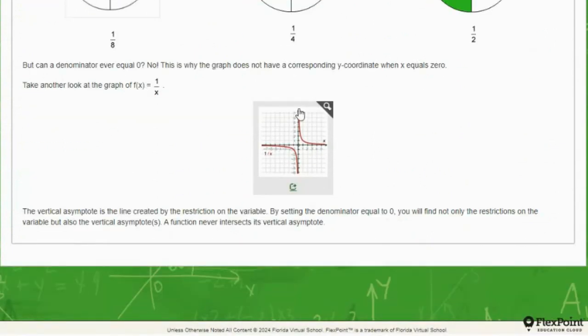It'll never touch either of those asymptotes because it will never equal 0. 1 divided by 0 doesn't exist. So there are restrictions on that x. X can't be 0. A lot of times with our x value or our domain, it equals any number. In this case, it can't be 0 just because it's on the bottom of a fraction.